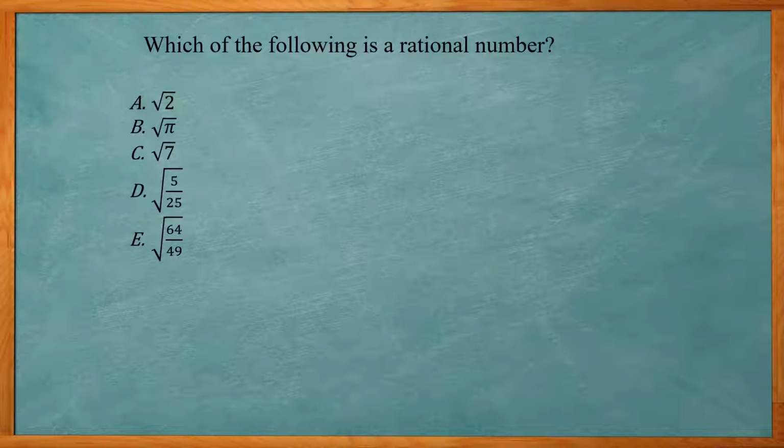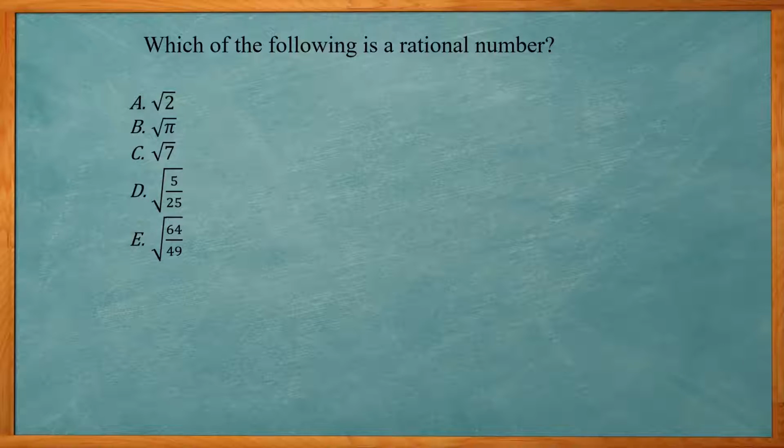This one says, which of the following is a rational number? Remember, a rational number can be expressed as a ratio of two integers, a over b. So we have square root of 2, that's going to be irrational. Square root of pi, we said pi was irrational, so the square root of pi would also be irrational. Square root of 7 will be irrational. Square root of 5 over 25.